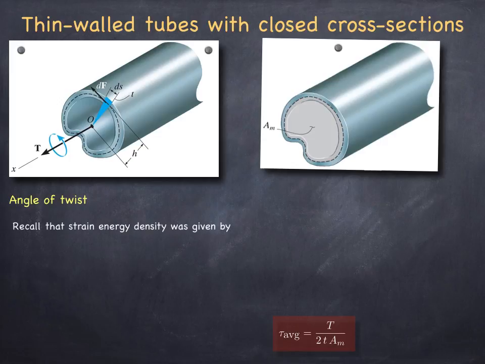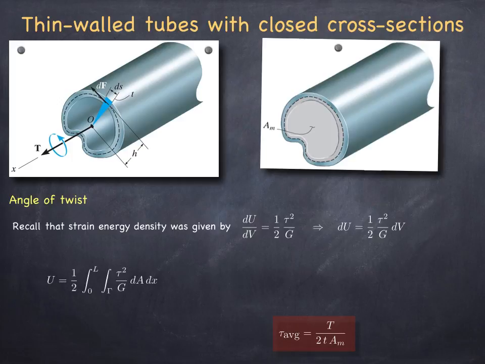Now we're going to utilize the energy argument for that, and remember that the strain energy density for this particular stress state, which is a pure shear stress state, was given by the following formula: dU/dV, the strain energy per unit volume, is equal to half of tau squared over G. This was the case because this is the only stress component acting on any given cube of this object. And of course, then we can multiply both sides of this equation by dV, and then integrate it over the entire volume of the shaft.